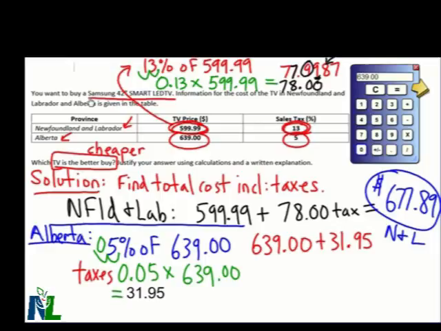Make sure you look at your calculator so you're not fouling up a decimal place. Add 31.95, and we get $670.95. And that's Alberta.